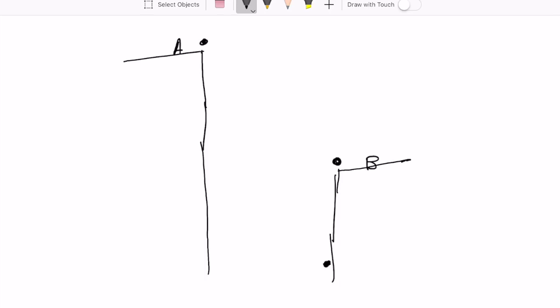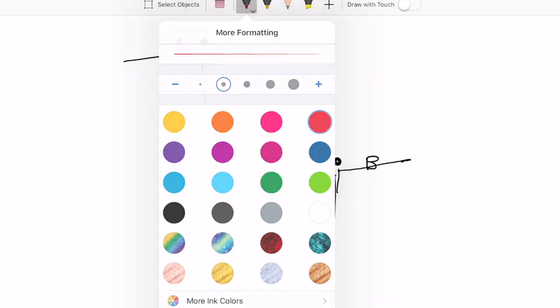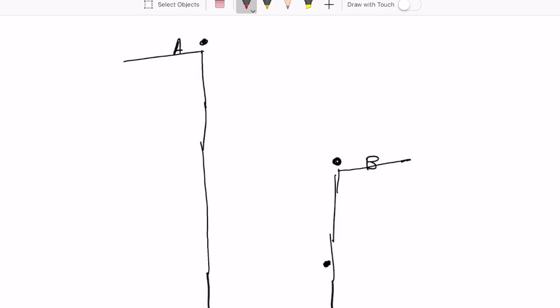Okay, so the question is, you're given this distance, the distance between the buildings. This distance is d, and you're given the mass of the object, that's m.